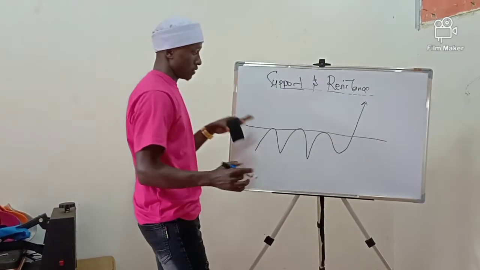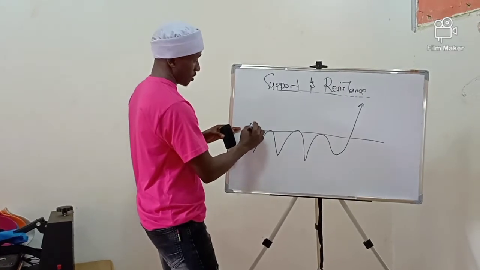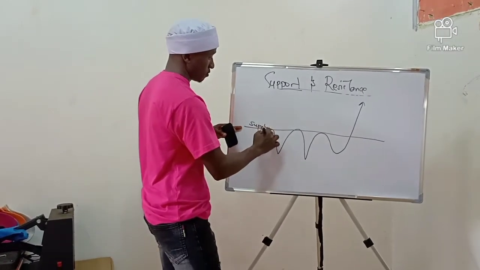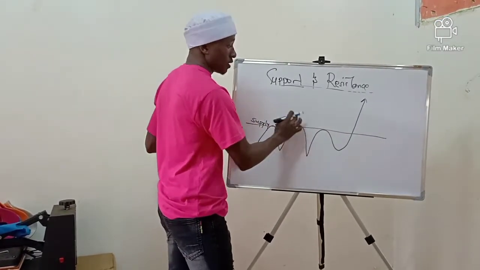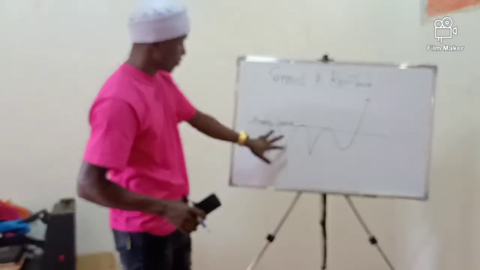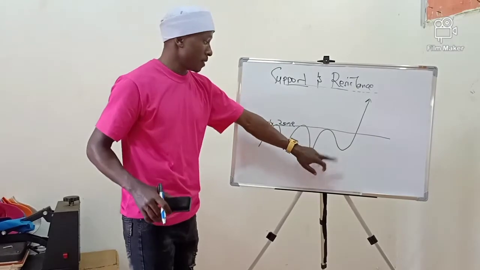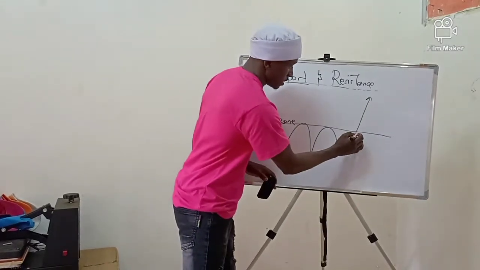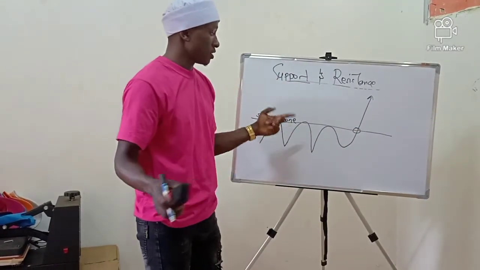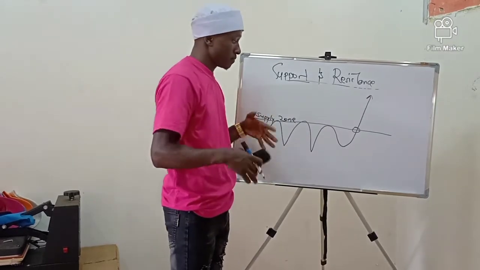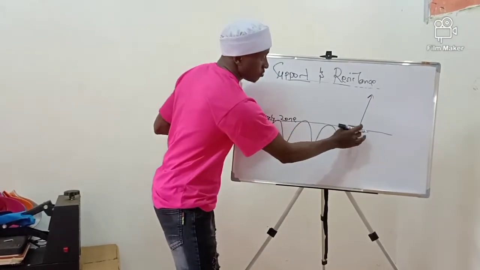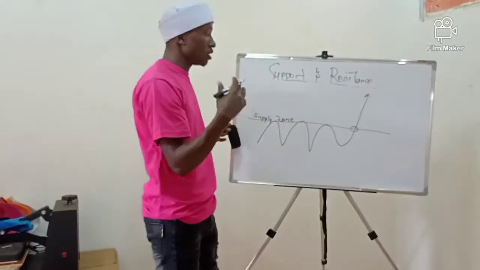So in this market, this was our supply zone. Whenever the market was approaching this area, the market was bouncing back. But when it reached here, as I've said, when a supply zone is hit so many times, it becomes weaker and weaker.